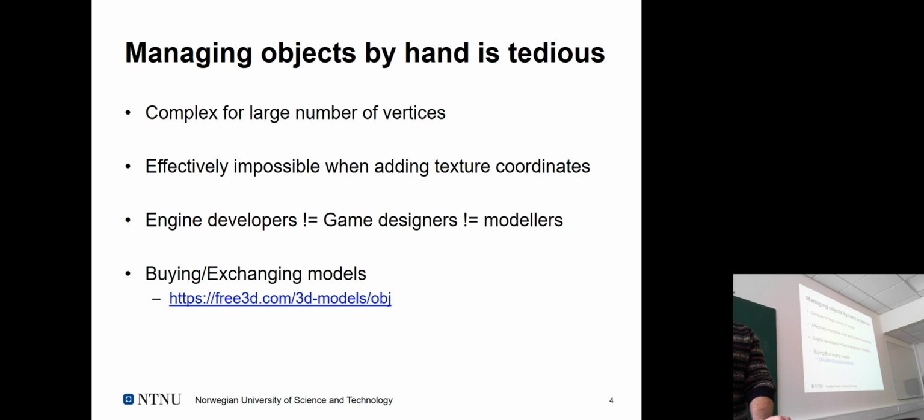Another problem, and a pretty challenging one, is that engine developers, game designers, and model designers are not very often the same people. So there is sometimes a compatibility and understanding problem, but still this is the most efficient way to handle our models, our shapes, and not only shapes, we'll see later that lots of appearance stuff and other functionalities can be encoded.